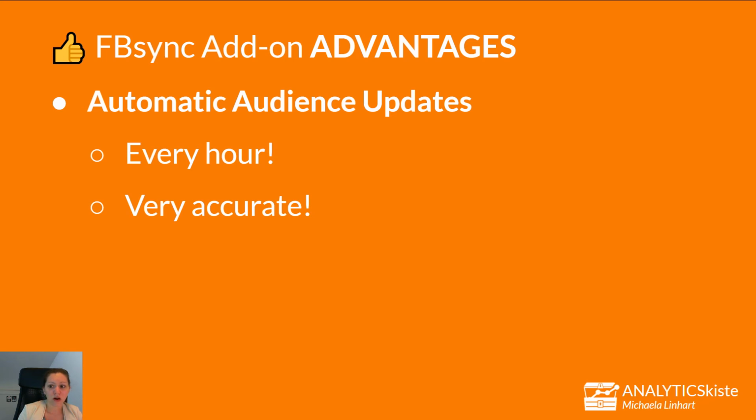And the add-on also checks every hour whether users dropped out of the audience and deletes them from the audience. This means that the FBsync Addon is very accurate and even more accurate than other tools that do the same. As a rule of thumb, audiences get updated only once a day, but the FBsync Addon actually updates your audience every hour. And that's a big advantage of the FBsync Addon.